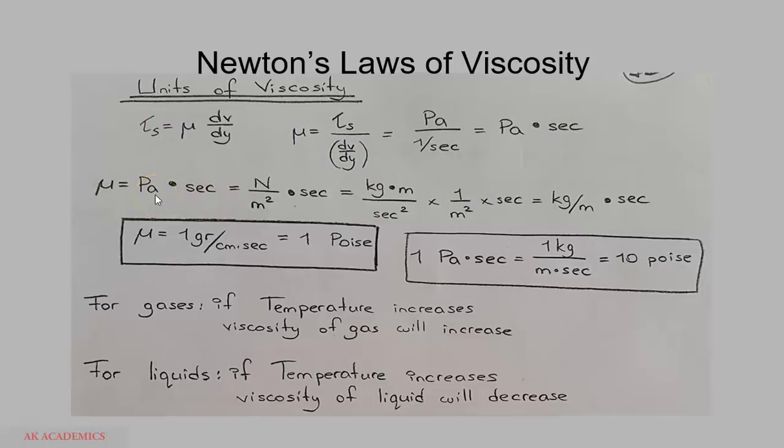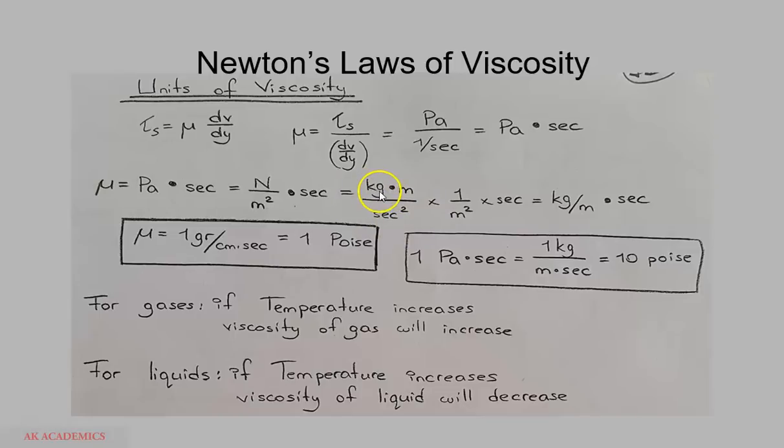Okay, and Pascal is our pressure, which is force over area, and that's Newton per square meter multiplied by seconds. The seconds we already have here. And that will give us kilogram meters, because we know our force, our Newton, is force, and force is usually equal to mass times acceleration. Our mass is kilogram, our acceleration is meters per second squared.